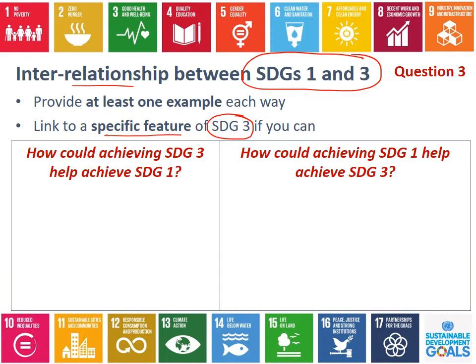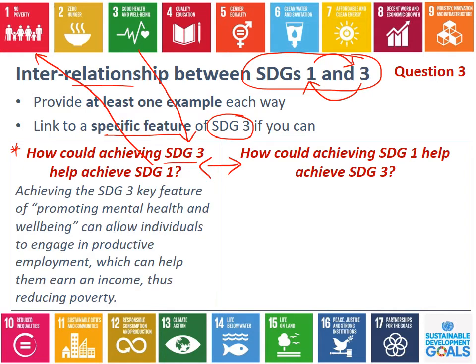So I'm going to give you an example for each one, just because I know it can be a little bit tricky to know what this is asking. So if we look at an interrelationship, we're looking at basically how does SDG 1 impact on SDG 3 and vice versa. So we'll start with how could achieving SDG 3, which is good health and well-being, help to achieve SDG 1, which is no poverty.